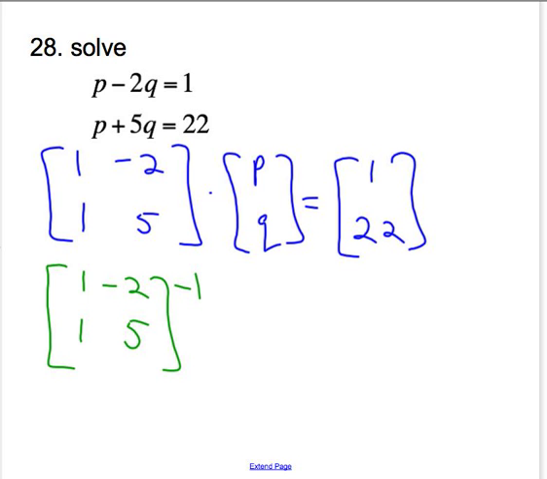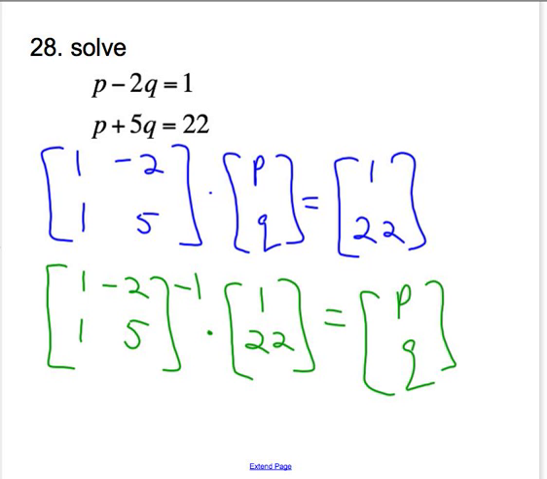I want to take the inverse of the coefficient matrix and multiply it by what I call the answer matrix. I can put those two in my calculator, have my calculator find the inverse for me, perform the multiplication for me, and then I can have the machine tell me what P and Q is equal to on my calculator screen.